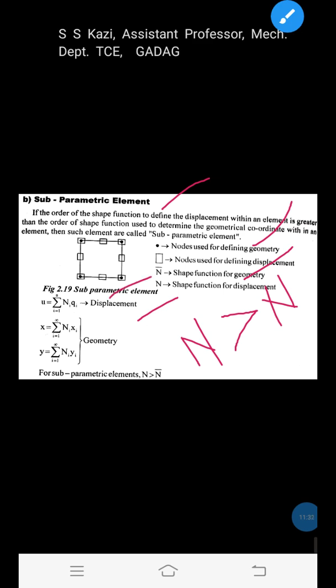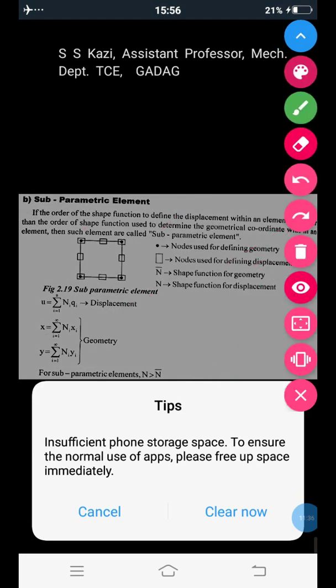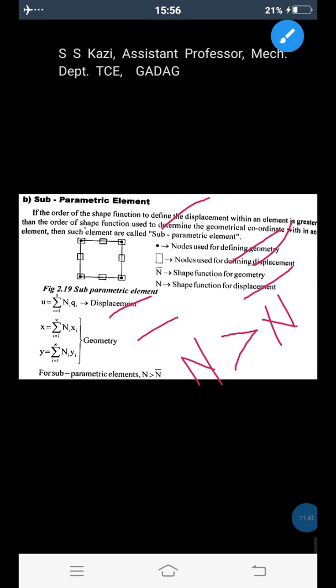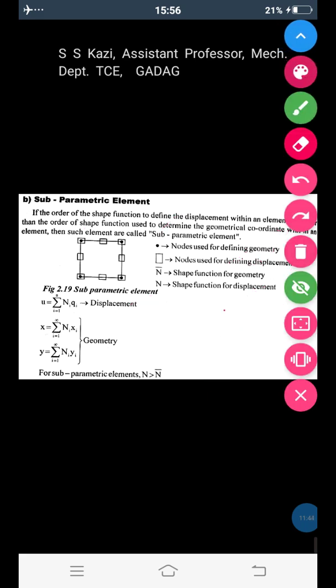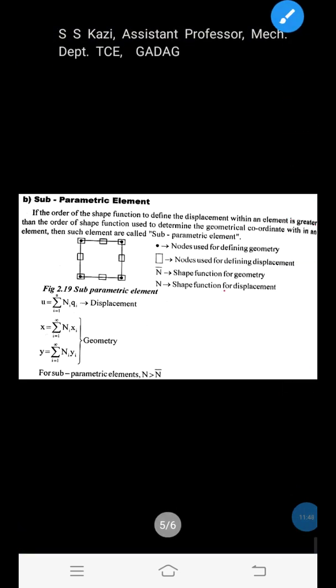Here the nodes used for defining geometry are 4, and nodes used for defining displacement are 8. The shape function for displacement is greater than the shape function for geometry. These are called subparametric elements.